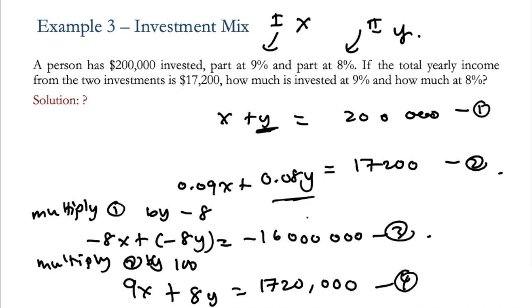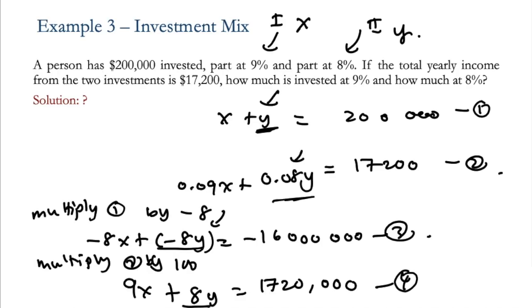So my way of thinking is, why don't I multiply here by 8 and multiply here by 8? Sorry, this one multiplied by 8 and the second equation multiplied by 100, so that I can have minus 8y and plus 8y. So now, next step, I bring it here.